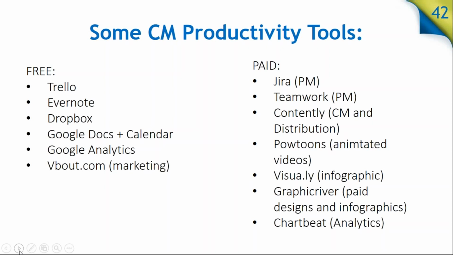You also have some paid sites that you can go to. Jira, which is for project management. Contently, which I'm sure a lot of people have heard of, is another site where you can get content written. And then they have some here for videos and all sorts of different channels, formats, or tools that you may be needing.